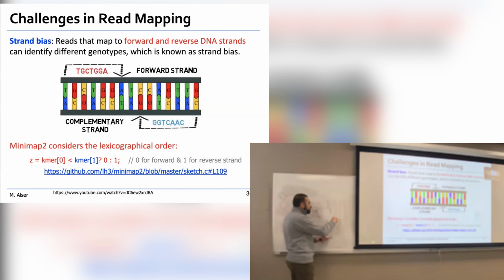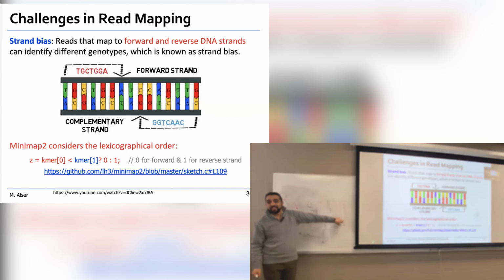Likewise, if I have a read over here and I'm trying to map it over here, I might end up having the location here, not in here, because it shares similarity with this location, although it's just the reverse complement. How do we solve that issue? Normally, to solve the issue, we need to know what we call this issue. We call it strand bias.